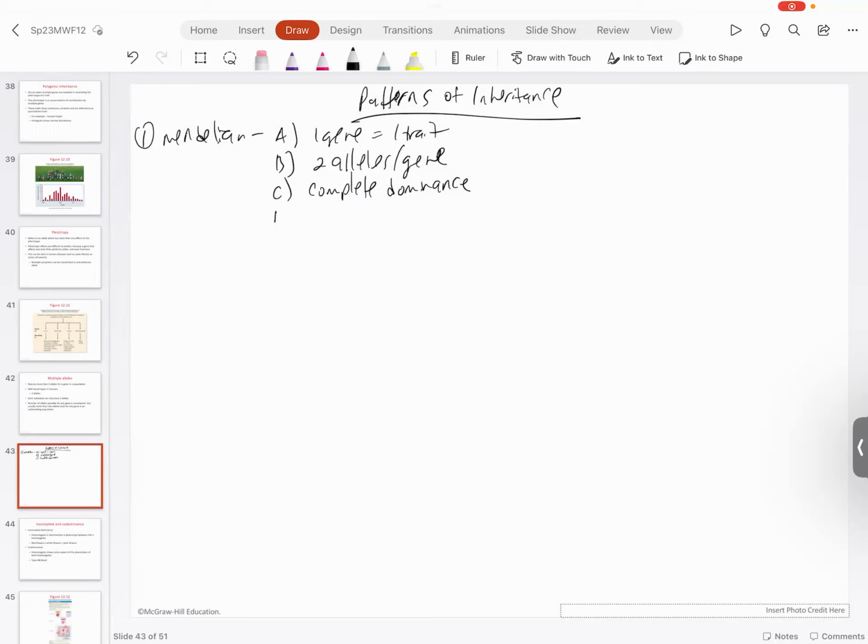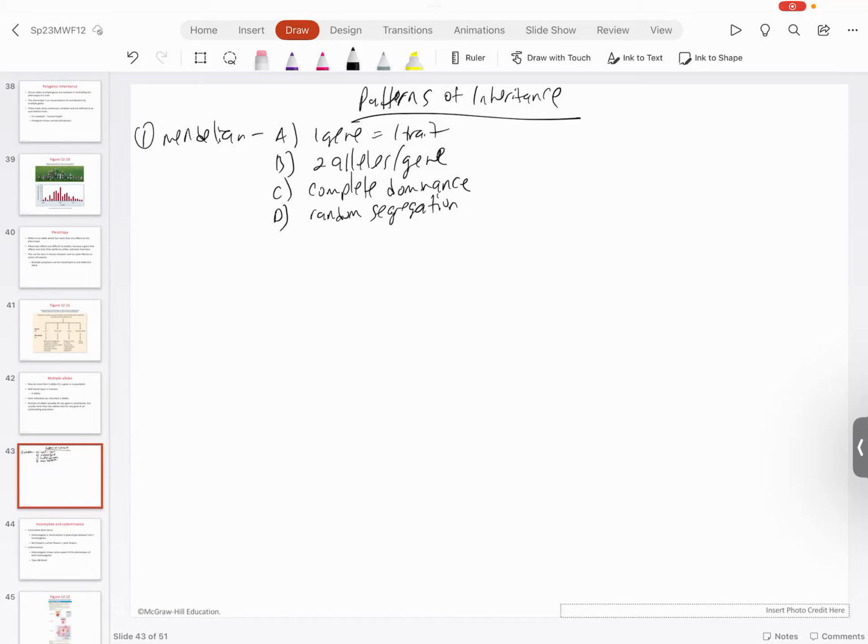Oh, and the fourth one, which we don't really have a pattern of inheritance for, well, we do actually, I just want to lay it in there, is random segregation. The reason I like random segregation is because it combines both of his ideas, segregation with randomness. That kind of encapsulates his laws.